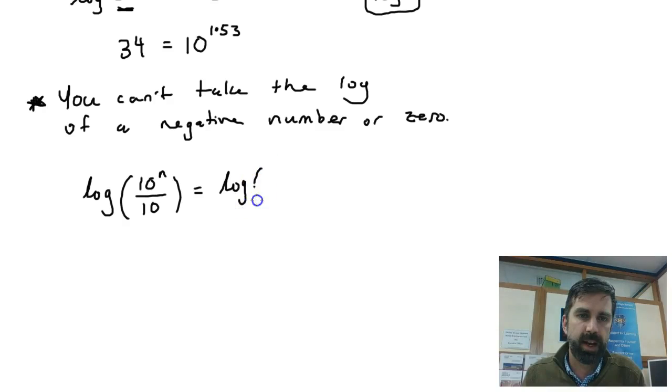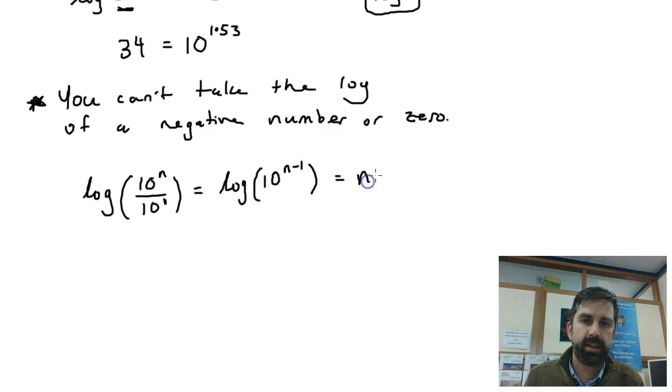Using our index laws, 10 to the power n over 10, well, that's actually 10 to the power of 1. So that can be rewritten as 10 to the power n take 1. And now if we take the log of that, the answer is just going to be n take 1, because that's the power of 10 in this case.